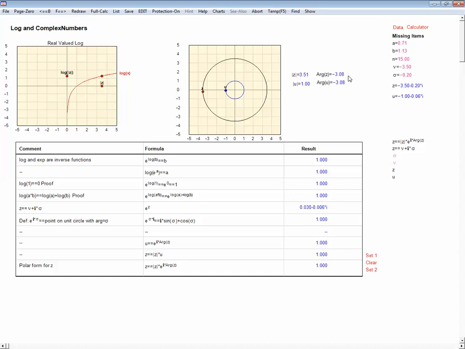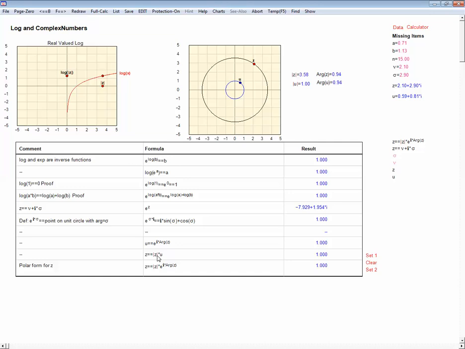So what does that mean then in terms of z? Clearly the modulus of u is 1. So we can write z as the modulus of z times u.